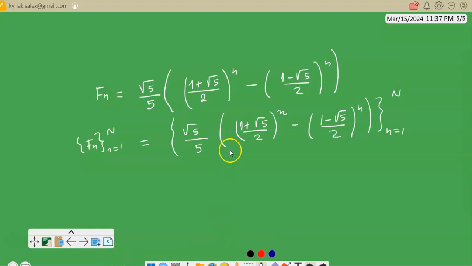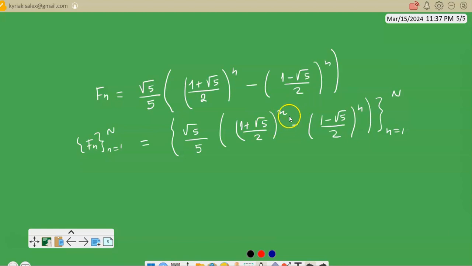By using this formula, I can obtain the other terms of the Fibonacci sequence. For n equals 23, I can obtain the term of the Fibonacci sequence, for n equals 24, 25, 26.